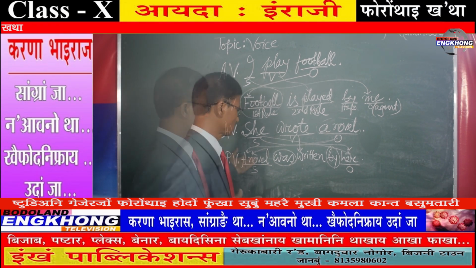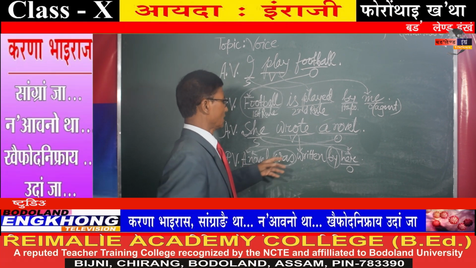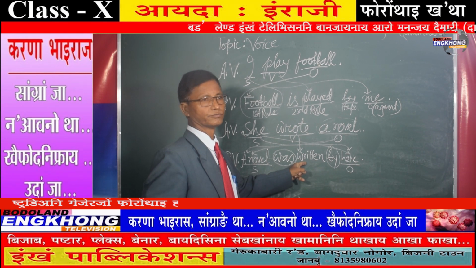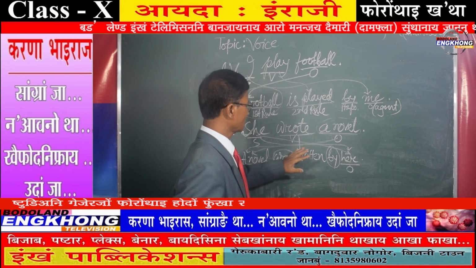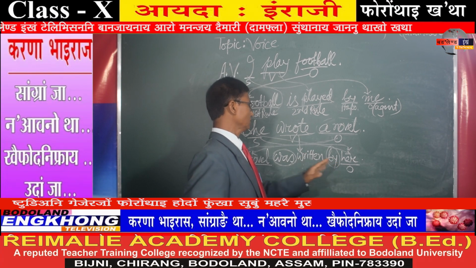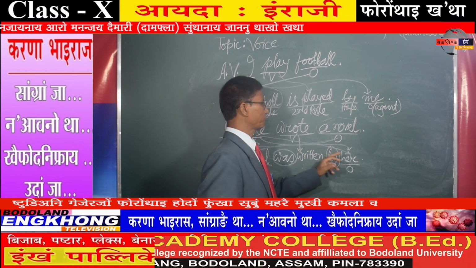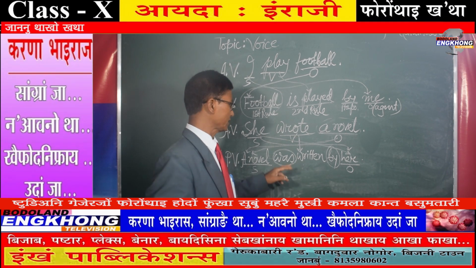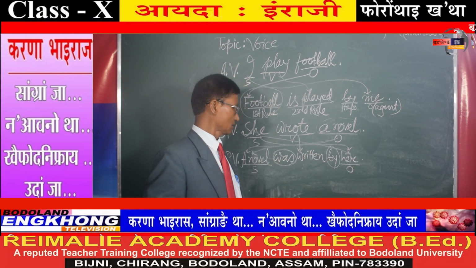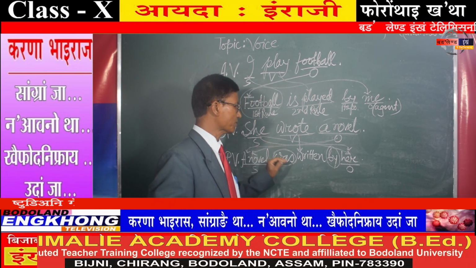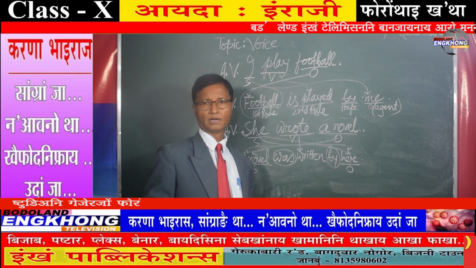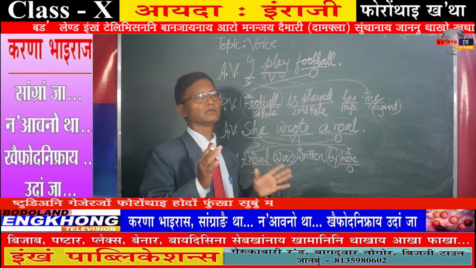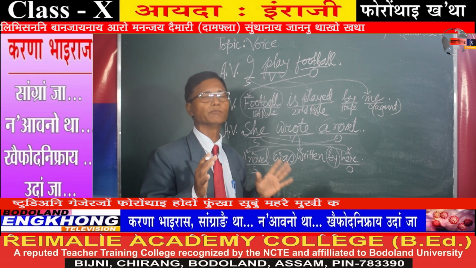Okay? You see, the main verb must be in past participle. But the main matter is that here there are 1, 2, 3, 4, 5 words. Additionally, these 2 words increase: was, meaning the be verb, and the preposition. In passive voice, the number of words is more than in active voice.